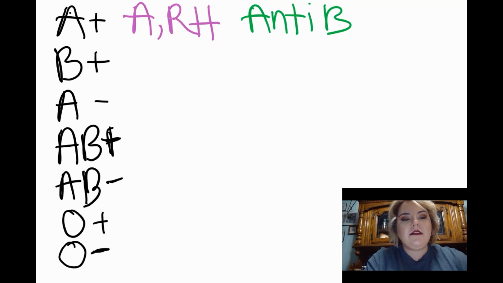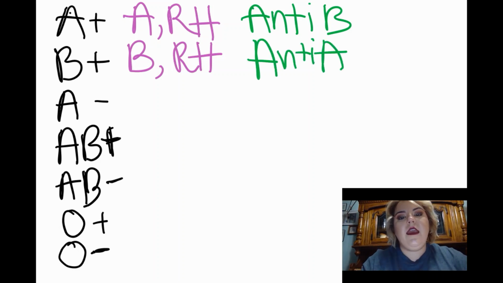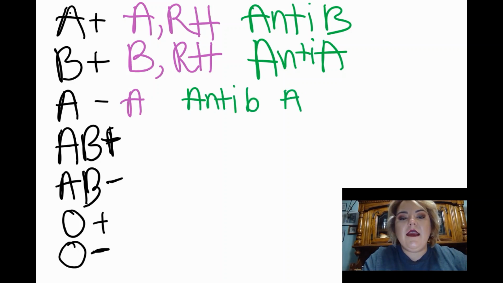For B positive, we're going to have B antigen and RH antigen, and anti-A antibody. Okay, A negative, so we have the A, and we do not have anything else. We're going to have the anti-B and anti-RH.